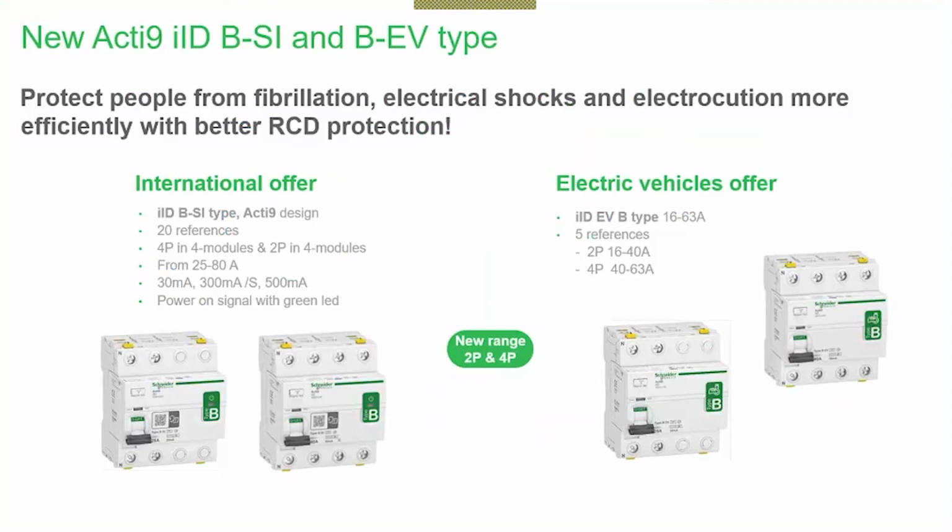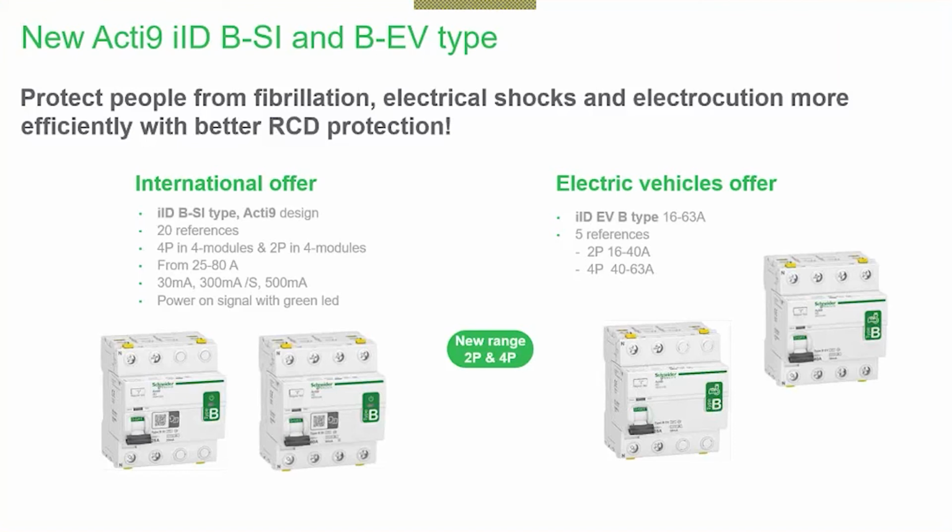So next, Schneider has a new Acti9 Type B SI and BEV range. With the increased demand for Type B RCDs, we've recently launched this new offer. We have a specific offer for electric vehicle charging. In this offer there are 5 references, 2-pole devices, 16, 25 and 40 amp. We also have 4-pole devices, both 40 and 63 amp.